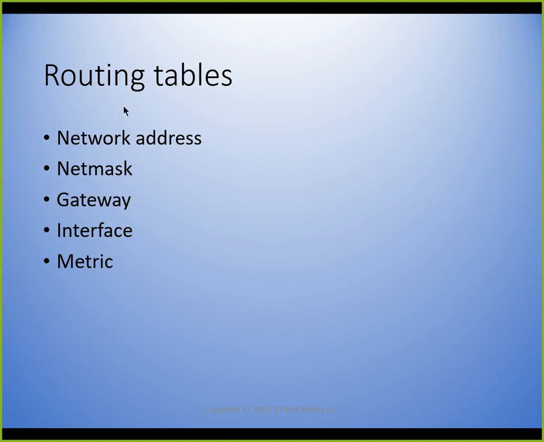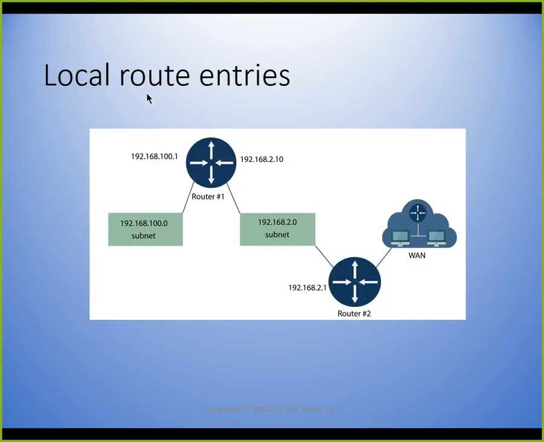So we have that information in the routing tables. Local route entries are in these things. If we were to do our own route, a static route, the command would be ip route, whatever the network is, and then the subnet mask. Actually, let me see if I can do that loop.